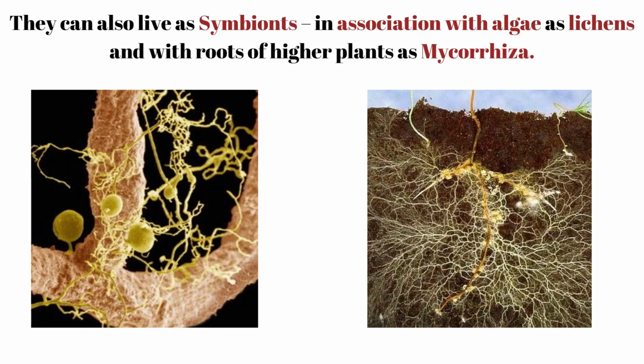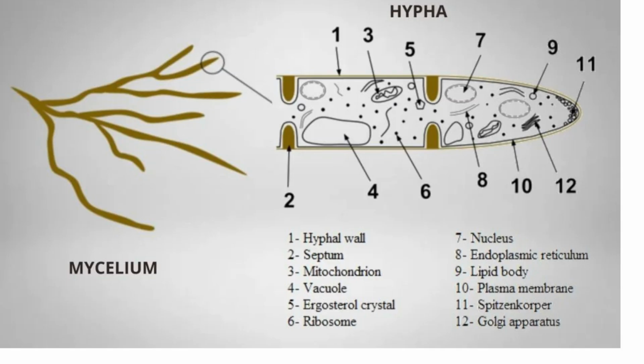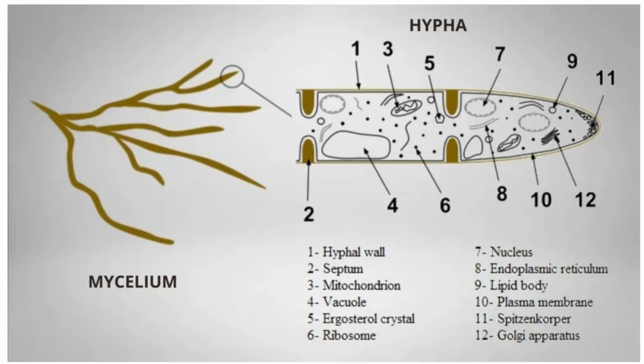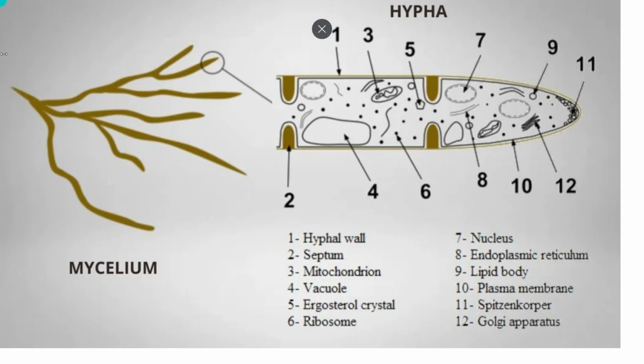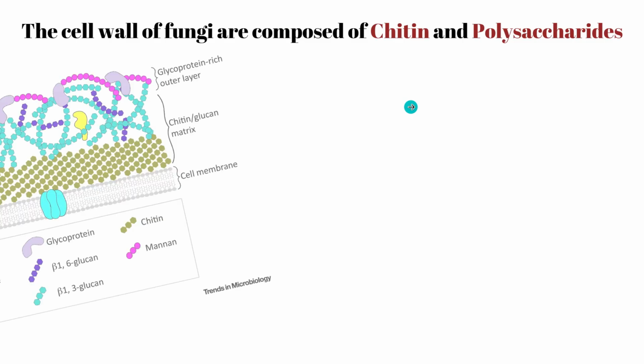For example, if both are present in the same mycelium, then it is homothallic, and if they are present in different ones, then it is heterothallic.